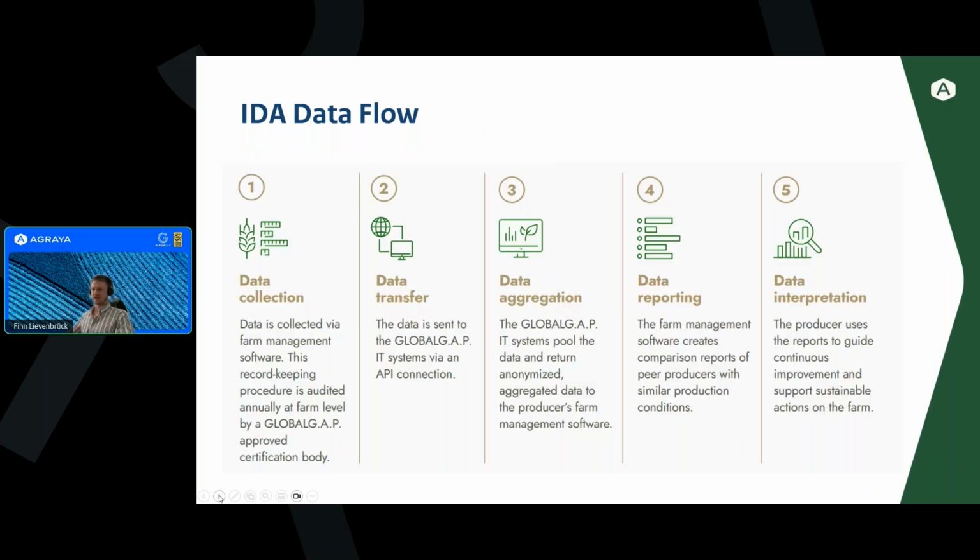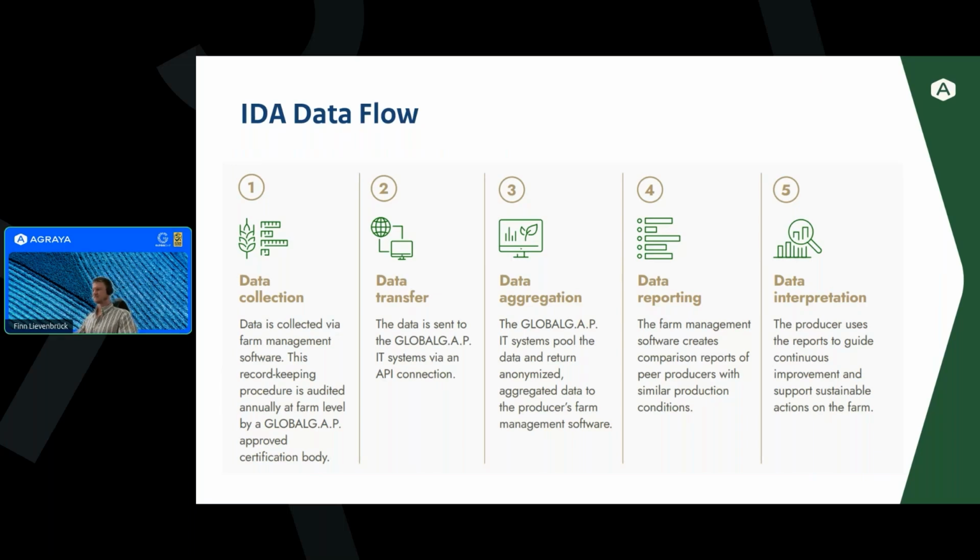So Christy, you can move the slide, please. Yes, thank you so much. IDA is all about measuring resource consumption in data and evaluating the impact. In order to collect the data, the producer will need to have one of our 7 approved farm management software providers, where the producer enters the resource consumption data.